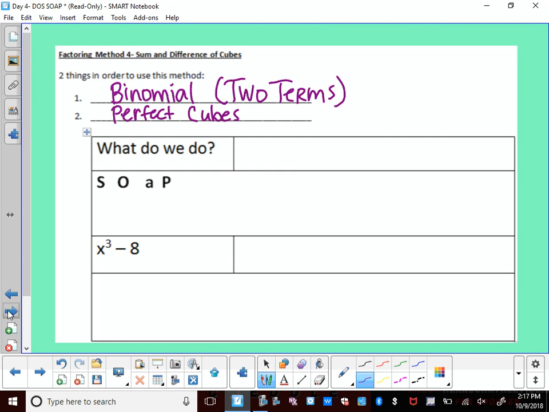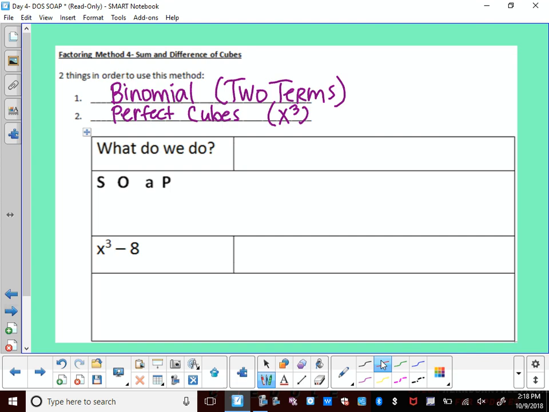The difference between DOTS and SOAP is DOTS is normally x squared. Our SOAP is going to be cubed. We're dealing with cube roots here. Okay, so what do we do? SOAP is an acronym.